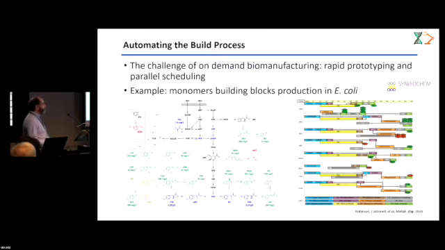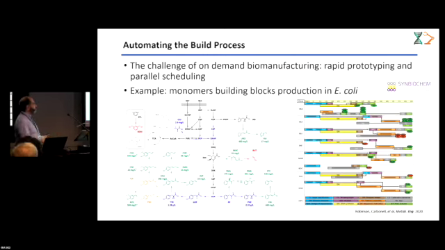And then what is probably the main challenge, if we want really to automate the build process, is to make these workflows work in a, let's say, biomanufacturing fashion, so that we can run them in parallel for multiple projects, and also we have ways of performing rapid prototyping.